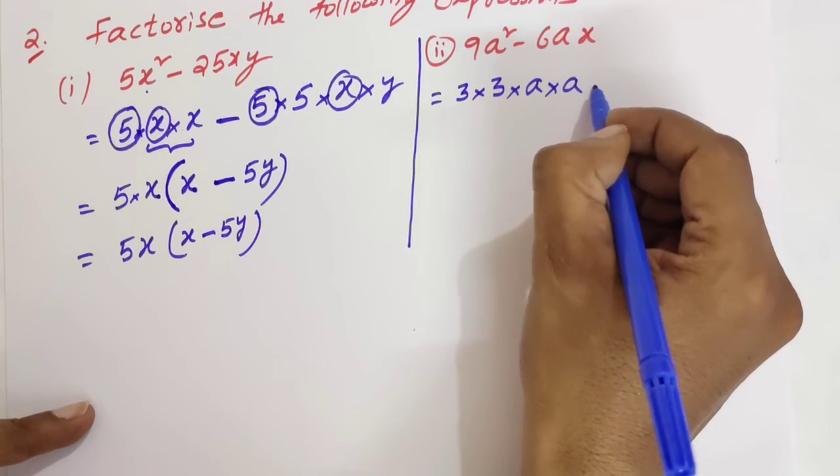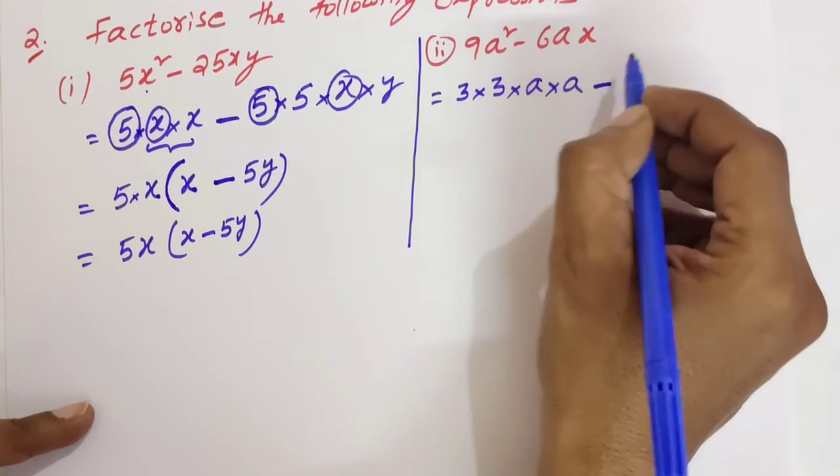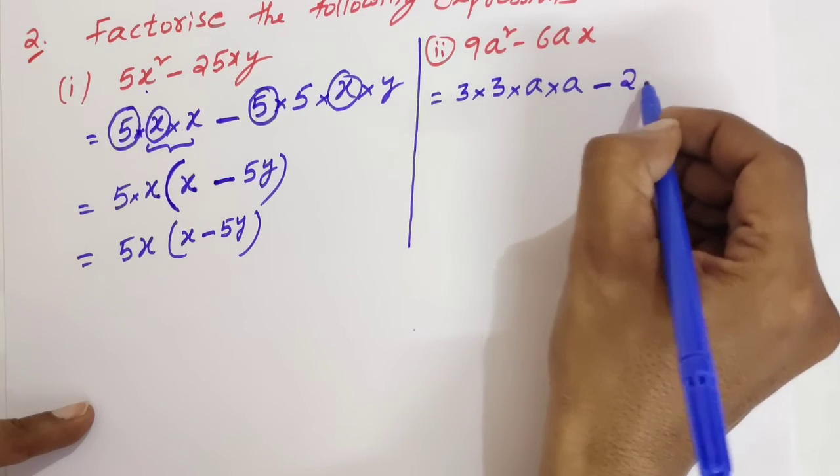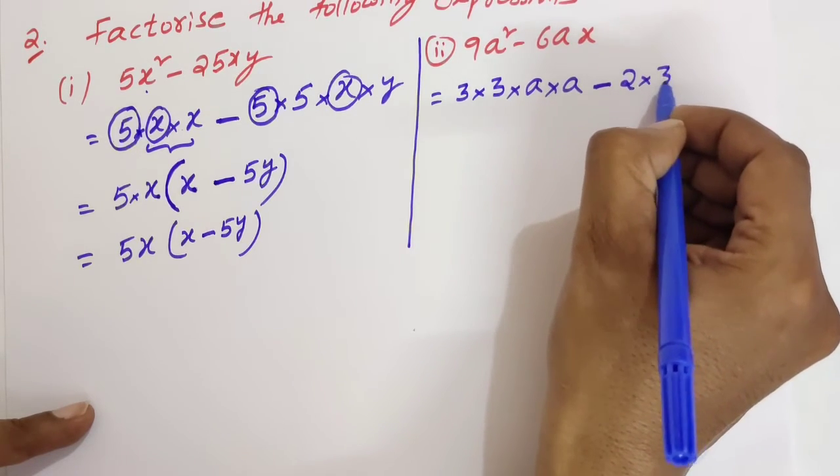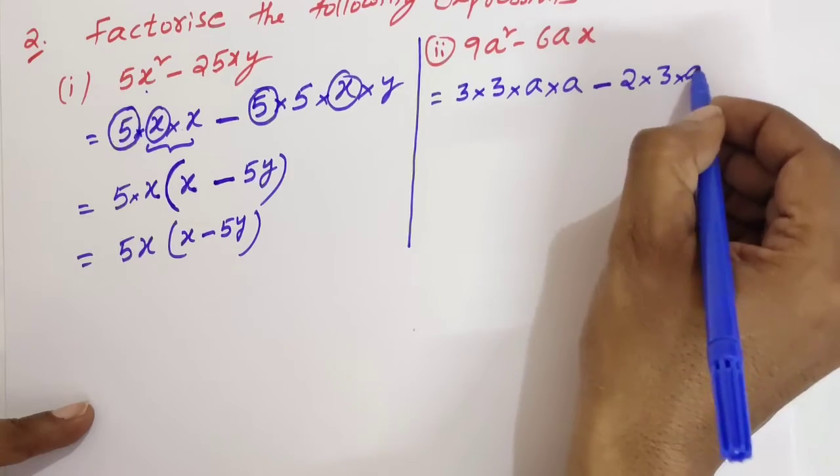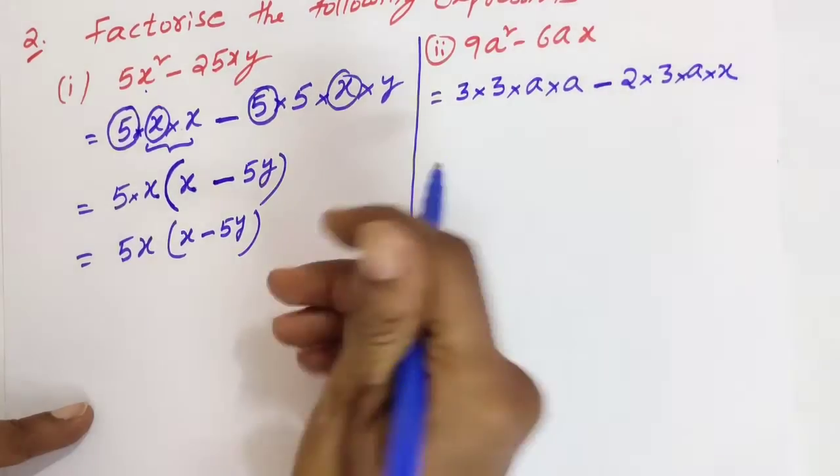Okay, and next minus, then the factors of 6. By using 2 table, you can write 2 into 3, and then ax can be written as a into x.